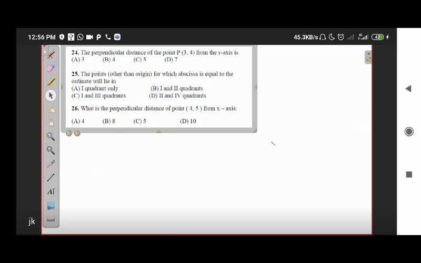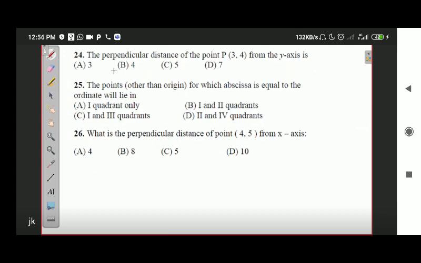Next is question number 24. The perpendicular distance of point P (3, 4) from the y-axis.